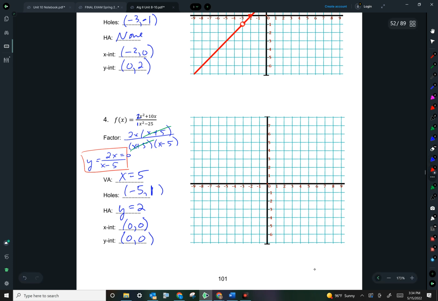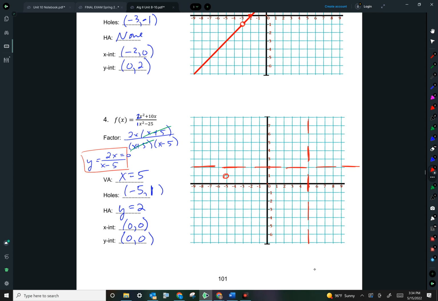Okay, so let's look at the graph. I've got vertical at x equals 5. So vertical asymptote, x equals 5. We have a hole at negative 5, 1. So right there. Horizontal at y equals 2. And just the fact that I have both a horizontal and a vertical asymptote makes me think of the 1 over x graph.